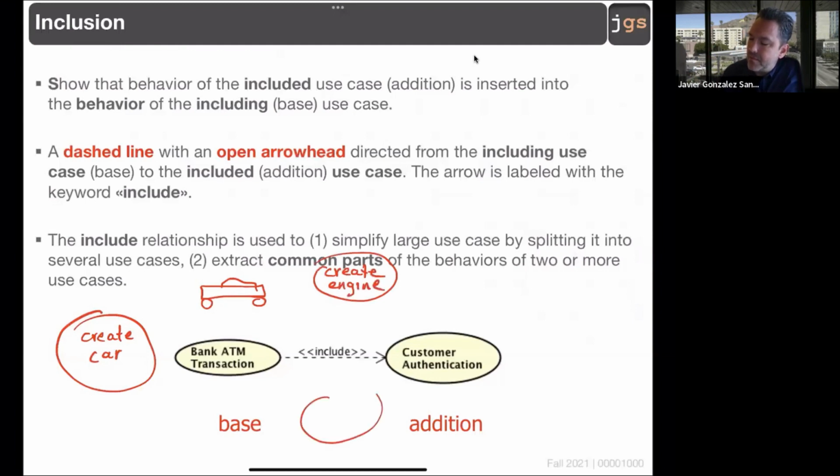And what if I split in, well, V8 other things like the wheels, among others? What I want to do is to create a car. That is what I want to do. That is what my actor, my user, the one that represents me wants. So my user is going to be connected with create a car, my goal.